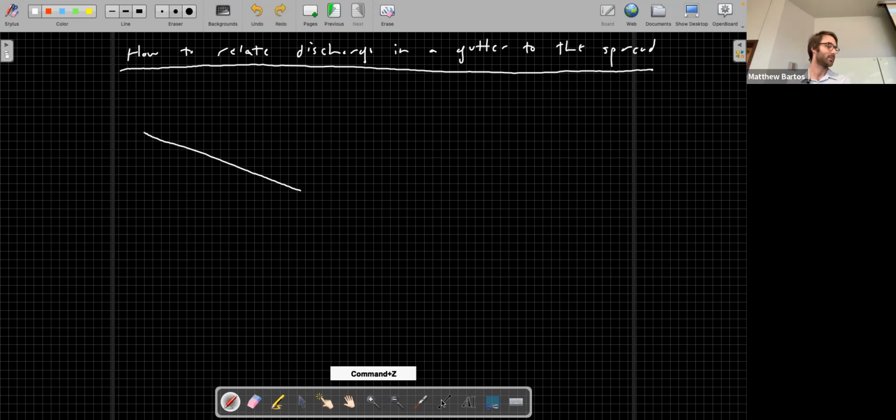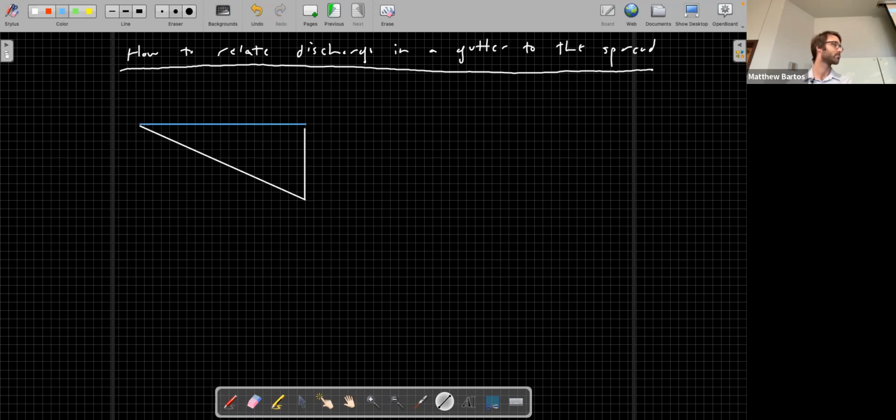I will use the line tool instead. All right, so I'll draw it, and I'm going to draw some dimensions on it this time. Okay, so we have our simple gutter. Let's draw some dimensions.